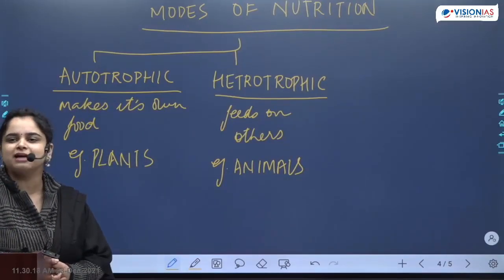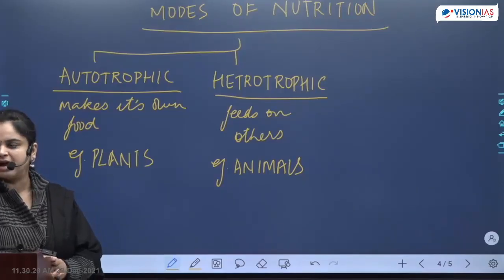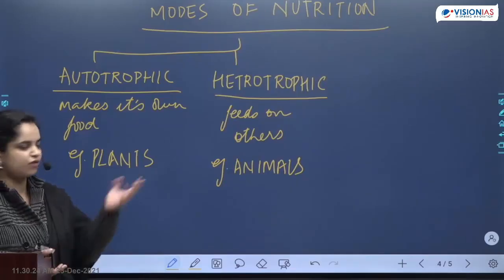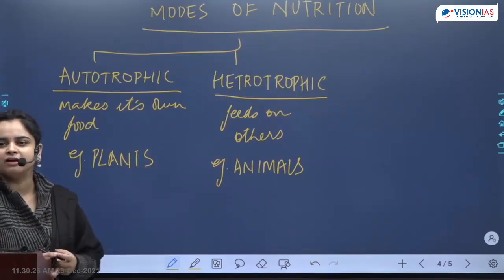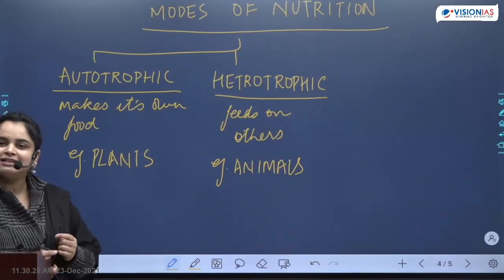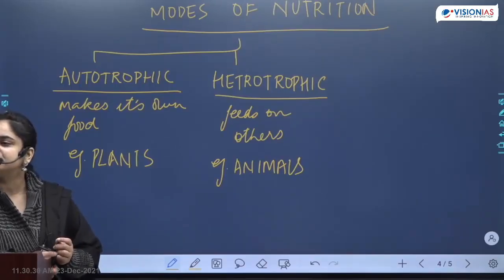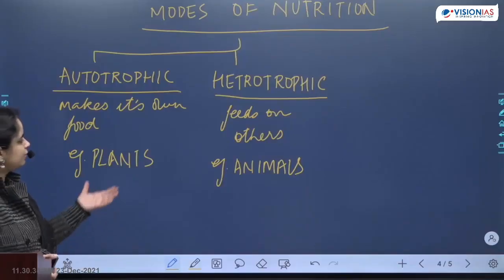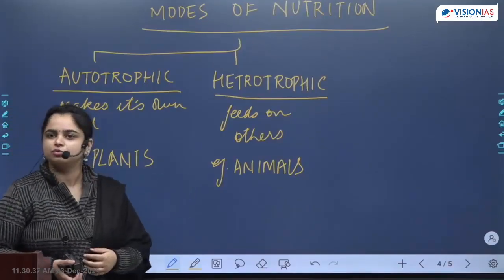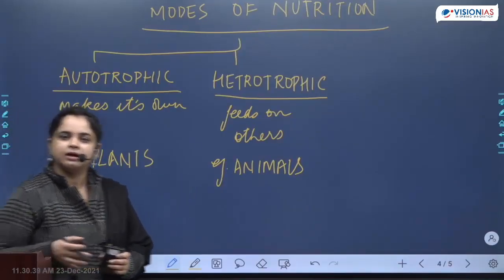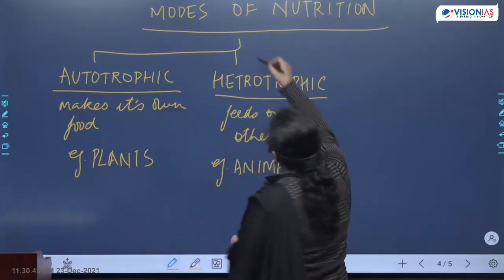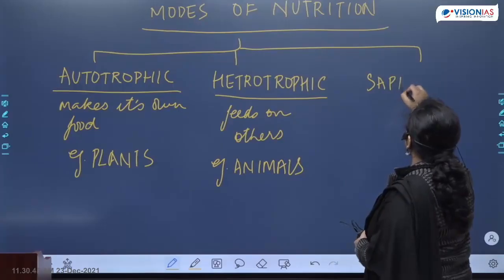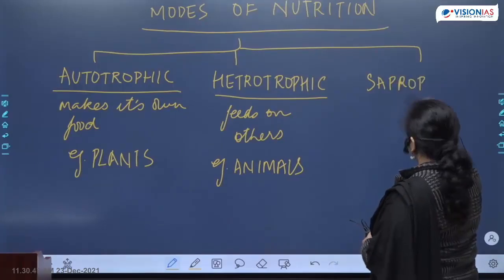Your glucose is coming from your food, and that food is coming either from plants or from animals, or even from fungi, right? If you are eating mushrooms. So in that sense, when nutrition is coming from feeding on others, that would be heterotrophic nutrition. And there is a third category also, which is called saprotrophic.